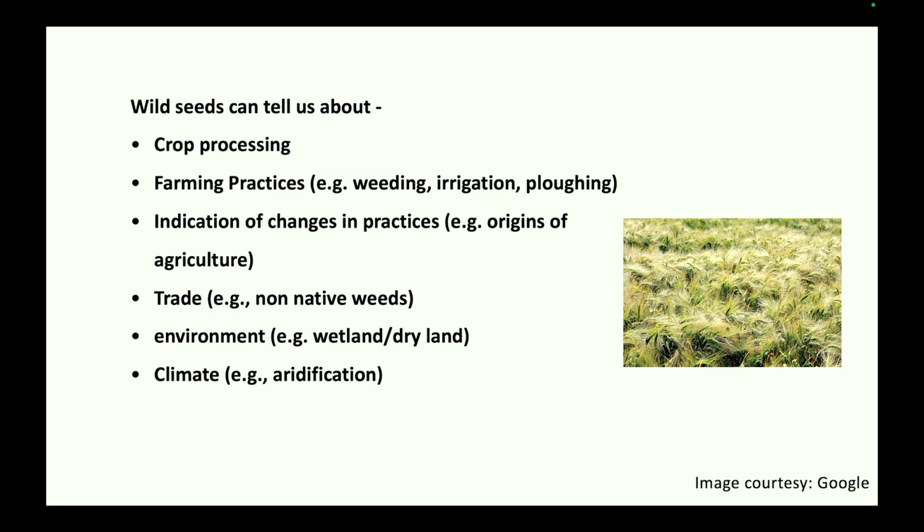So, if any field continuously produces wild seeds or wild cereals, then it indicates different types of activity which I mentioned in this particular slide. We can trace these points through the study of these wild seeds.